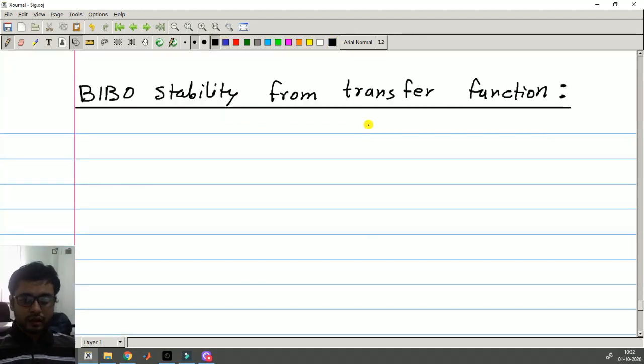Now, the transfer function is also very useful to determine the BIBO stability of a system.